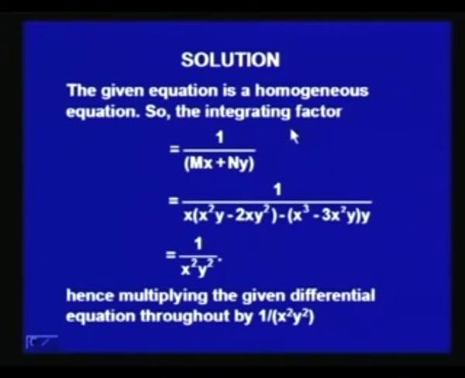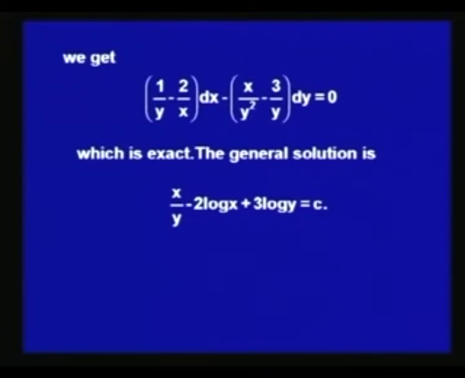For this equation, the integrating factor 1 over mx plus ny comes out to be 1 over x square y square. So obviously mx plus ny is not equal to 0, and therefore multiplying the given differential equation throughout by 1 over x square y square, we shall have (1 over y minus 2 over x) dx minus (x over y square minus 3 over y) dy equal to 0.